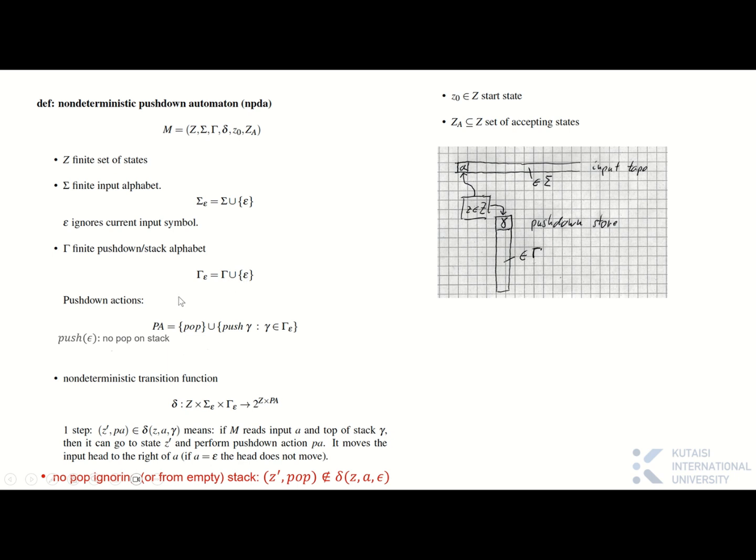By the way, in your textbooks, there are many different versions of this definition, but they all are the same. You can always go from one definition to another. What does it mean that two definitions are the same in this context? Let's say I gave you a definition of a pushdown automaton this way and somebody gives you a different way.